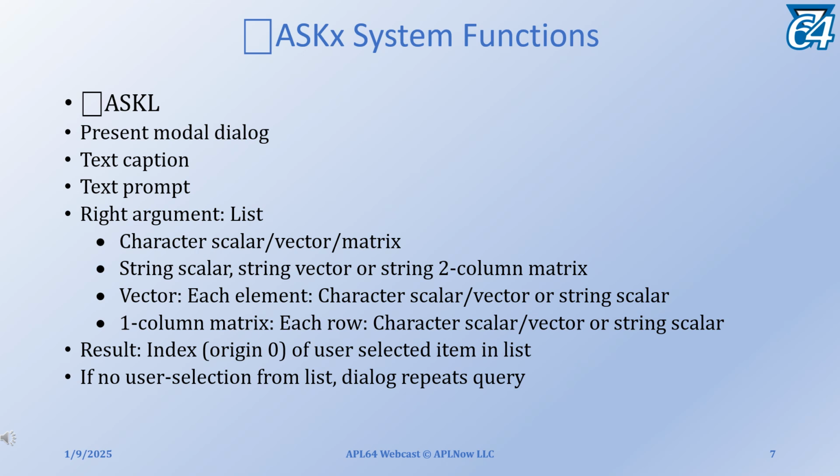The QuadAskL result is an integer scalar, which is the index in the list of the user-selected list item in index origin 0. The QuadAskL system function dialog may be closed with the escape key. If the user has not selected an item in the list, the QuadAskL query will be repeated.